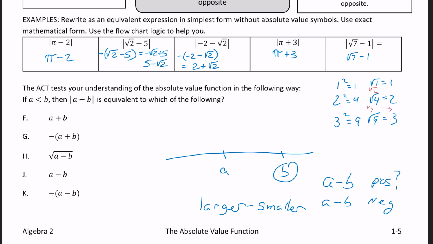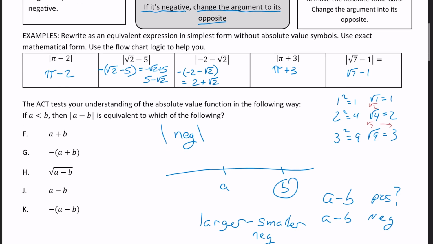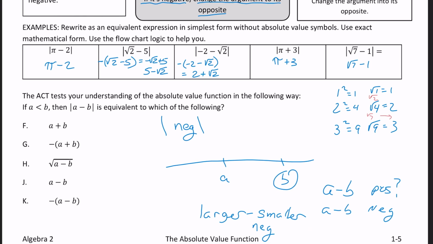And the answer is it's negative. So what that means is that I have the absolute value of a negative expression. So if it's negative, change the argument to its opposite. So what is the opposite of A minus B?